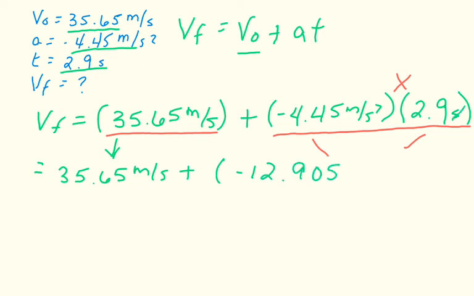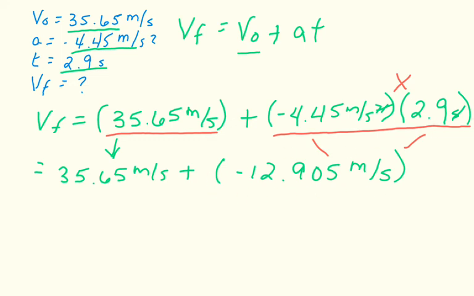And remember, the seconds cancel here. Meters per second. All right. Okay. So all we did was just take this part here, multiply them according to the formula, right? It says you take acceleration and you multiply it by time, and I ended up with this value.